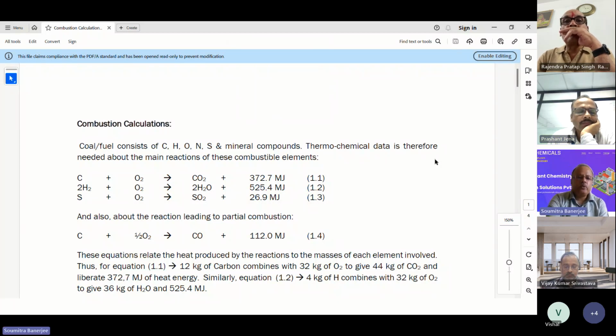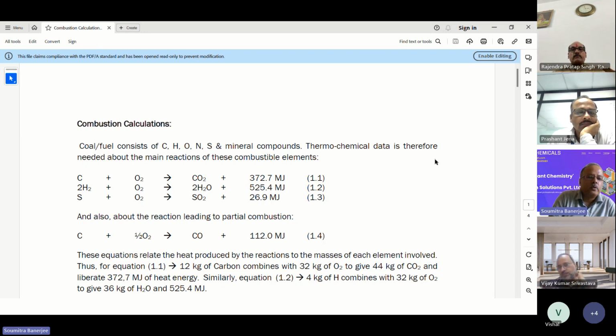So from here you can understand carbon plus oxygen gives CO2 if it is complete combustion, and gives you 327.7 megajoules. Then hydrogen gives you a lot: 2H2 plus O2 gives 2H2O. Though there is some loss due to the H2O formation, the amount of energy given by hydrogen is very high, 525.4 megajoules.